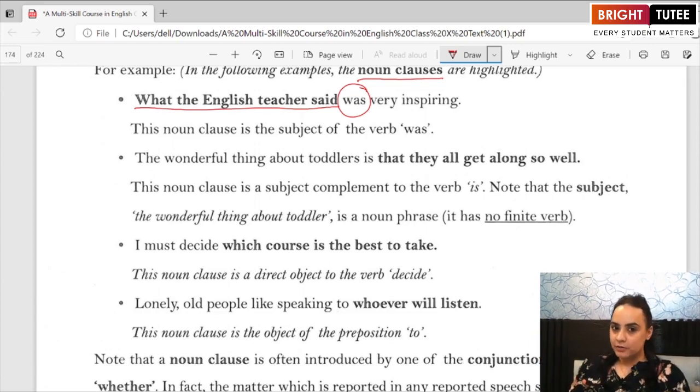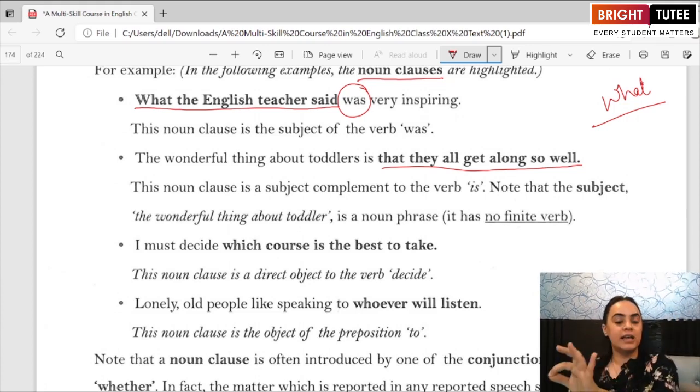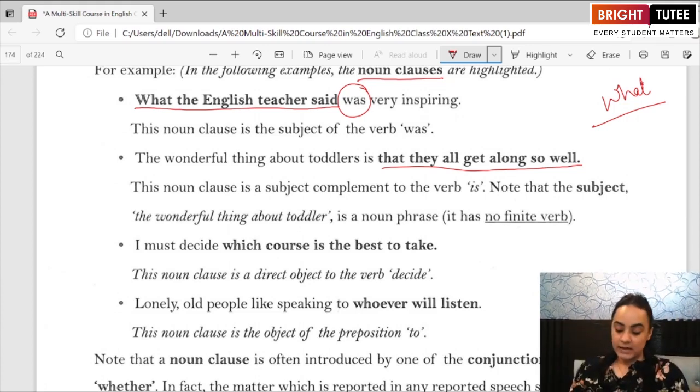Let us look at the other sentence. "The wonderful thing about toddlers is that they get along so well." Again, as I told you, always ask the question what. So what is the wonderful thing about toddlers? That they all get along so well. So my noun clause is used after the verb "is", therefore my noun clause is the complement to the verb "is".